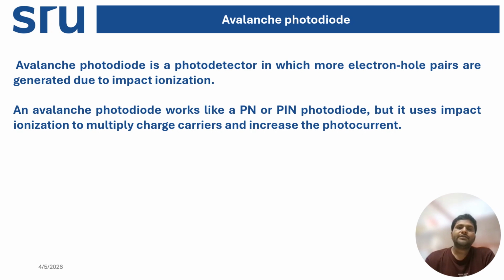So the key concept is internal gain. The multiplication factor is called gain. Typically the value of gain is 10 to 100 and the output current is equal to M times the primary photocurrent. This makes the APD more sensitive than the PIN photodiode.